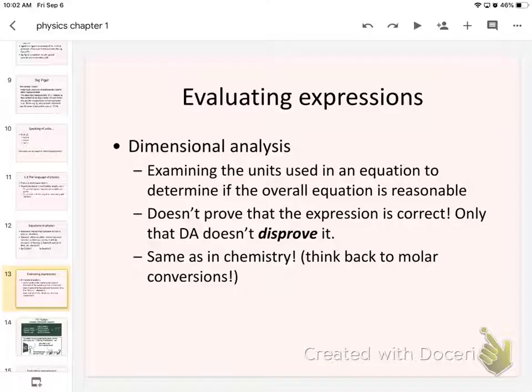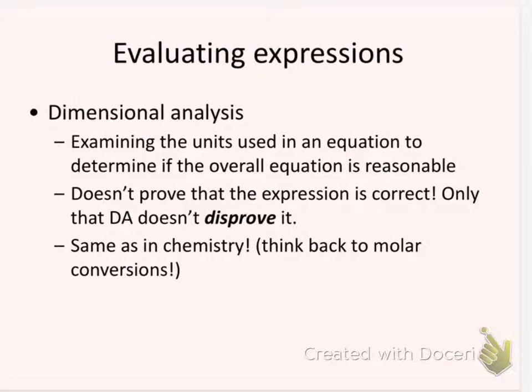So the last thing that we are going to just briefly touch on is the thing that I sort of teased at in the beginning, which is this. You've been doing dimensional analysis for a very long time. The form of conversion that we do, that we call factor label, is really a form of dimensional analysis.